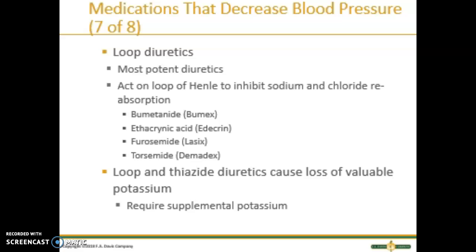Loop and thiazide diuretics cause a loss of valuable potassium. In our nutrition unit we talked about essential things that our body needs, and therefore they do require supplemental potassium.